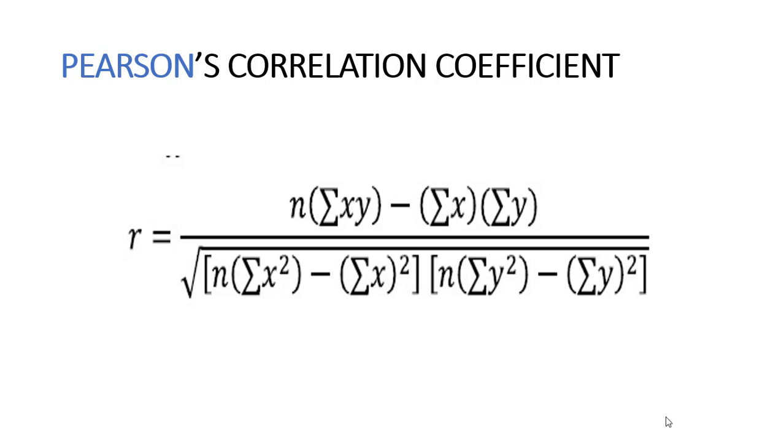And that's the numerator. The denominator is going to be the square root of n multiplied by the sum of all the x values squared minus the square of the sum of all the values for x, and that multiplied by n times the sum of all the y values squared minus the square of the sum of all the y values.